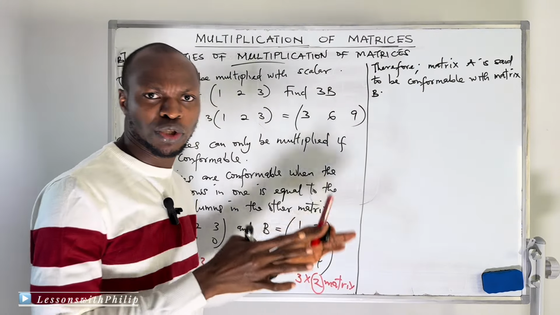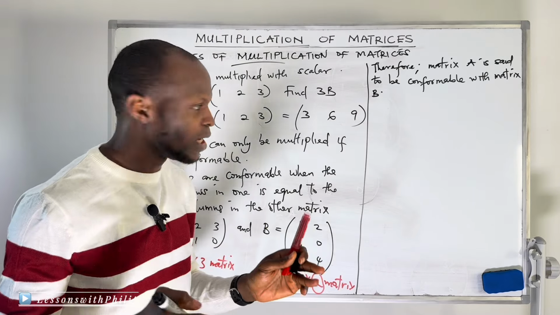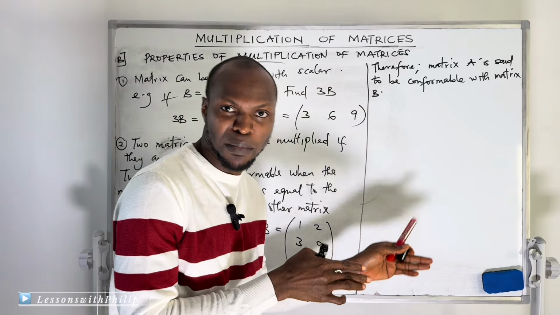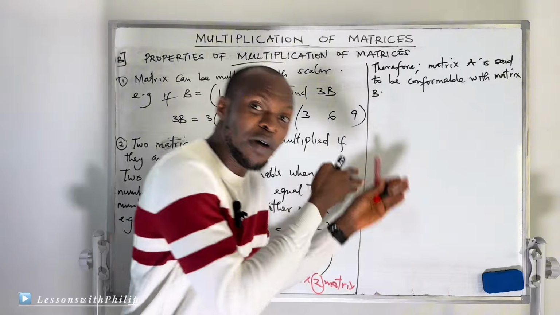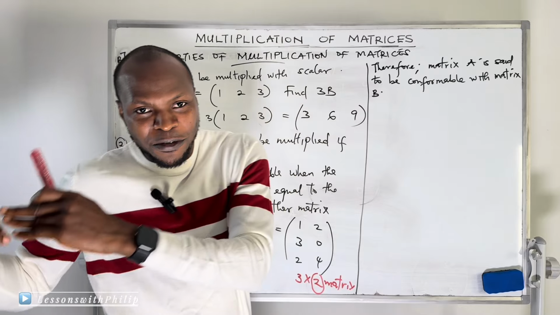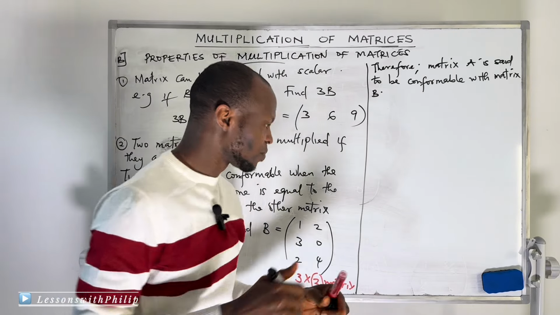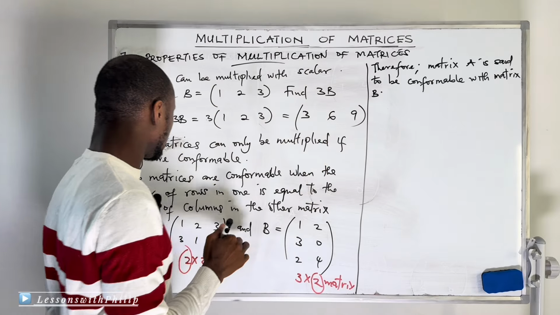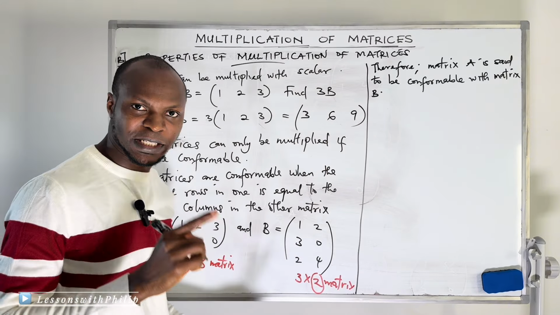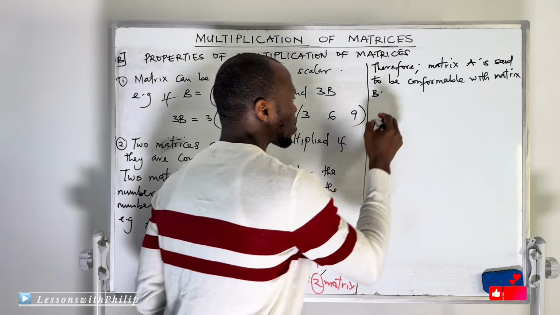Can I multiply a 2 by 2 matrix with another 2 by 2 matrix? Yes, because the number of rows in one equals the number of columns in another one. Do you get it? All right.